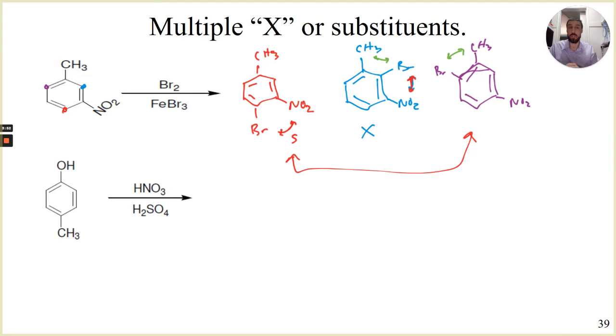On an exam, I wouldn't give you both because that is a challenging thing to nuance. Okay? Or if I gave you both, I would ask why. Okay? So you would just go through, if you wanted to say the red one was in preference, your answer for the red one is because the nitro is smaller than methyl. If you wanted to say the purple one, you would say the methyl is smaller than the nitro.